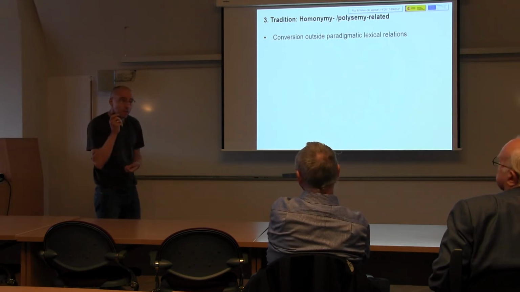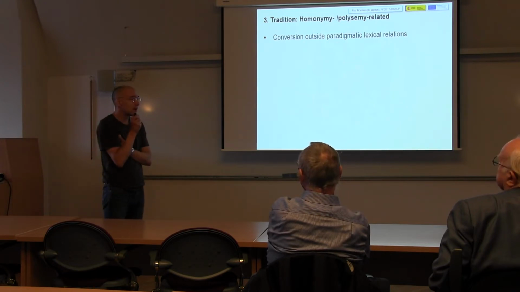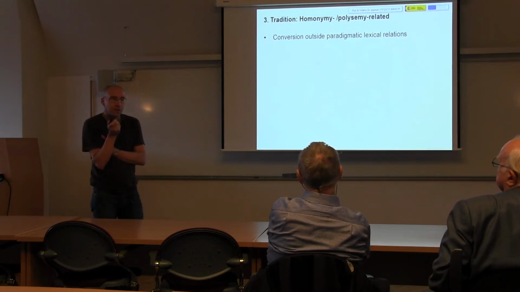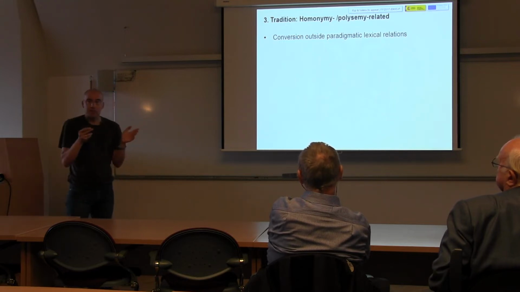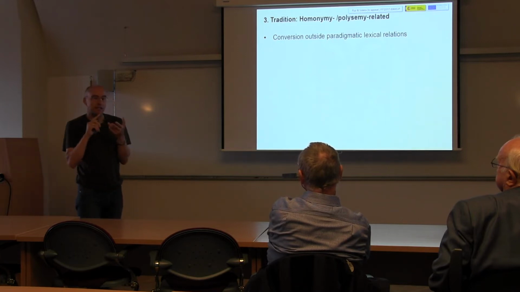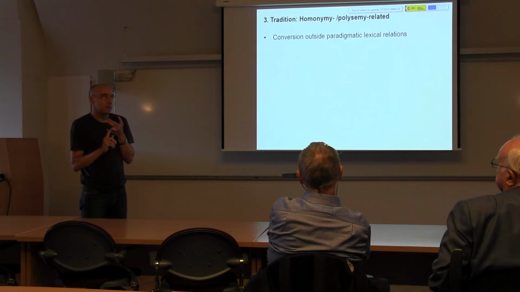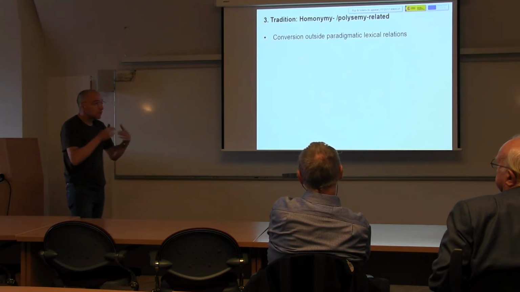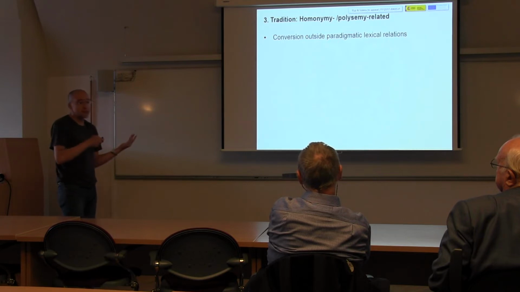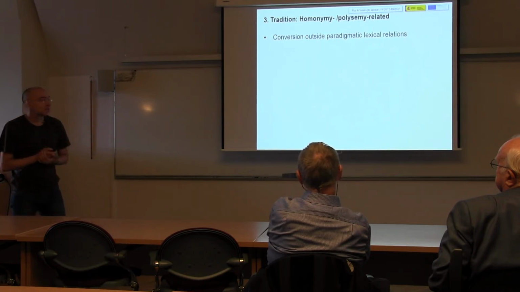Following the references by Miloš Dokulil, who placed conversion, and I'm using his words, at the crossroads of morphology, syntax, and semantics, I tried to find a description of the relation between conversion-related pairs outside lexical paradigmatic relations.